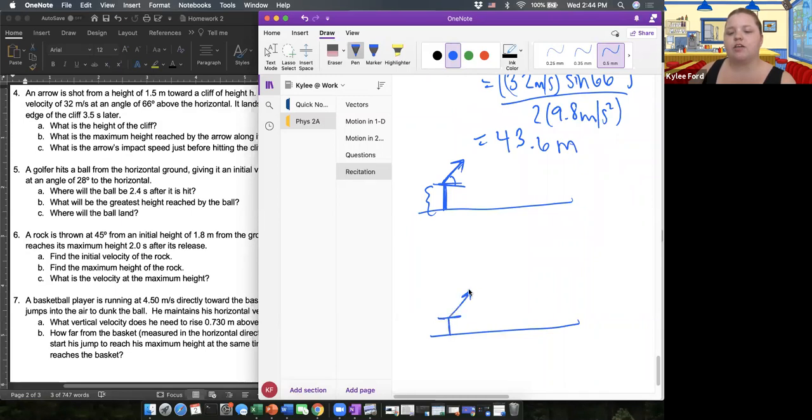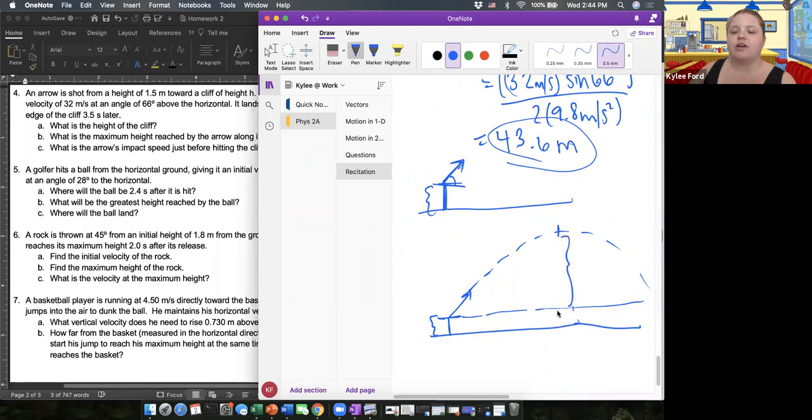When I'm looking at the trajectory, I'm just looking at it from that height, so I have to make sure that I add that height in as well. My maximum height here is just from here to there, so I have to add this extra 1.5 meters to it. Just watch out for that.